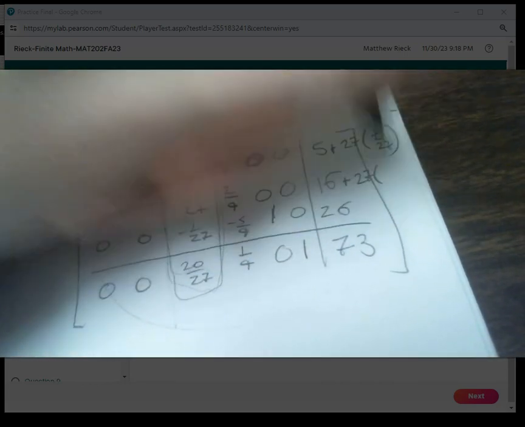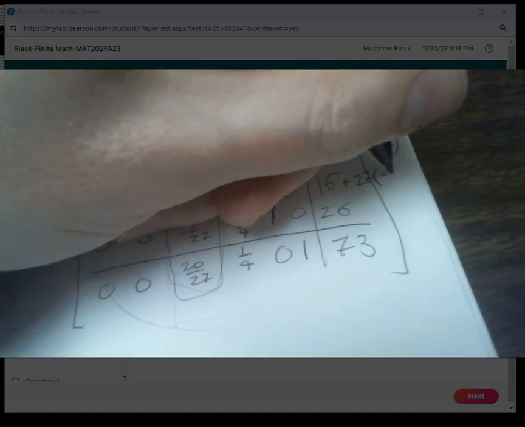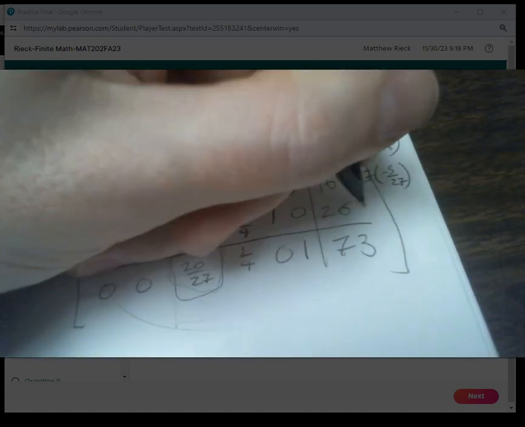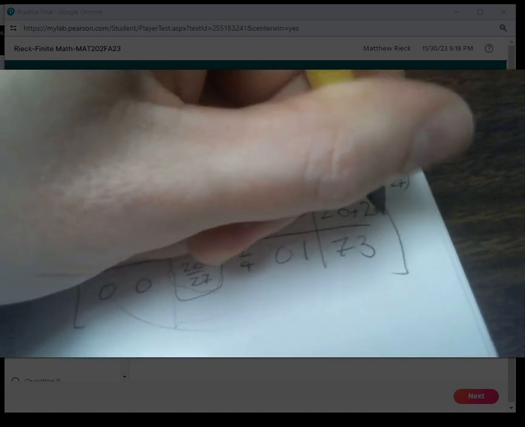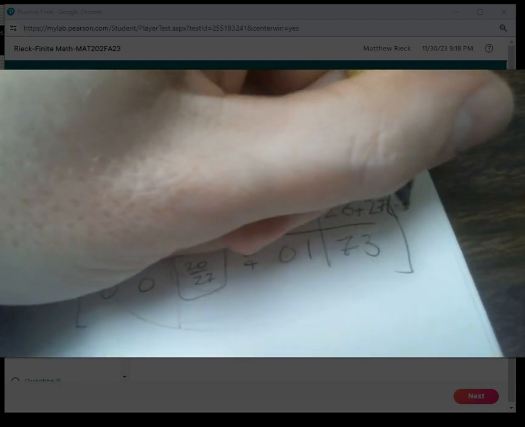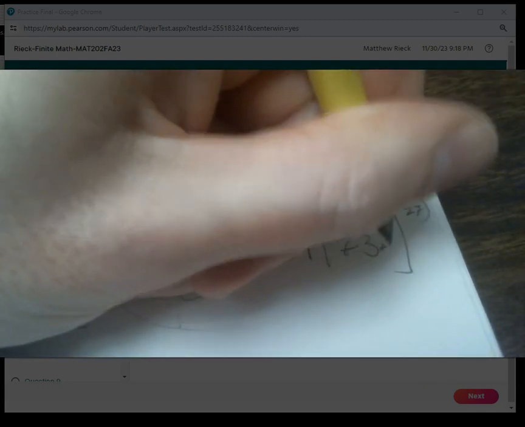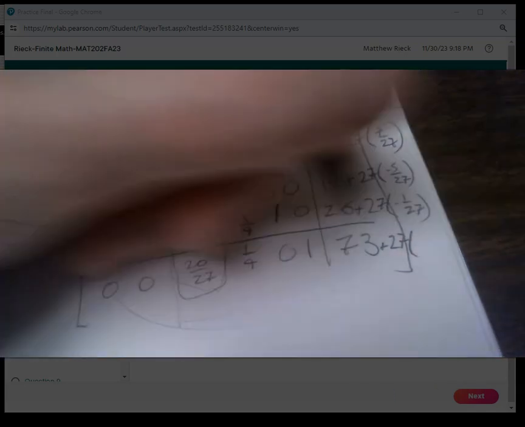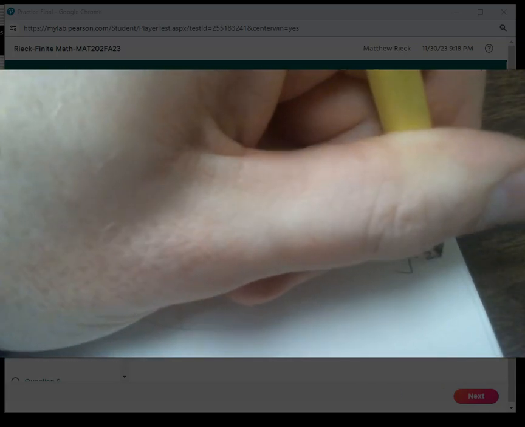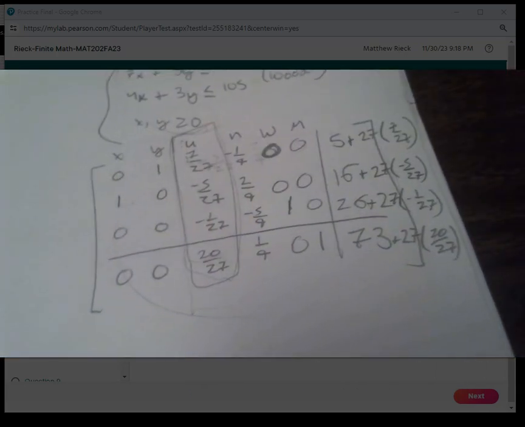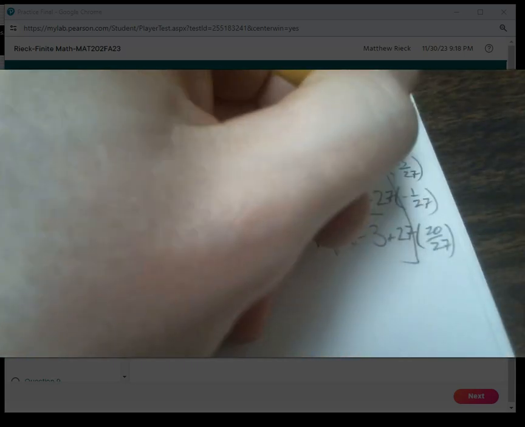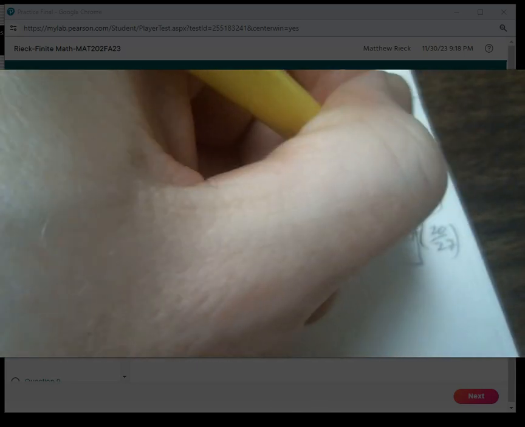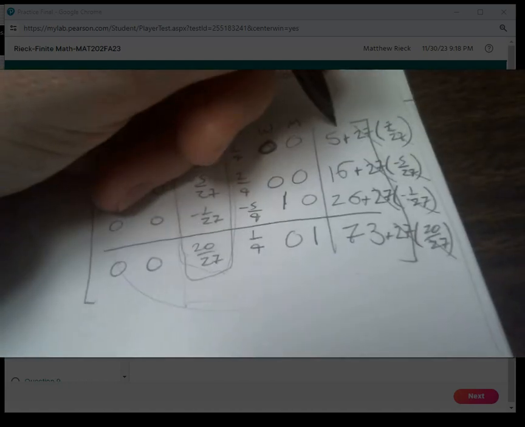Same idea here, so we have plus 27 times negative 1 over 27, and plus 27 times 20 over 27. Here the 27s are all going to cancel.